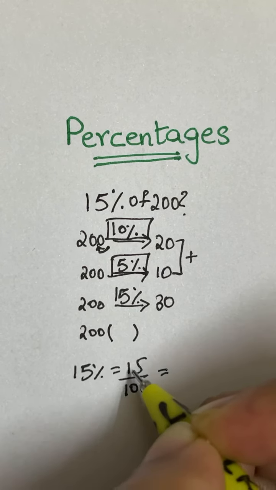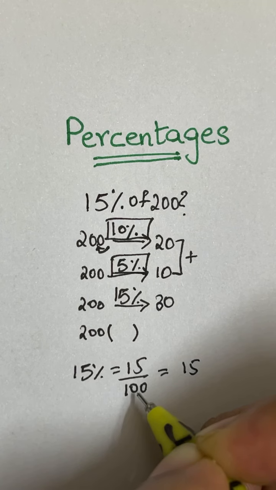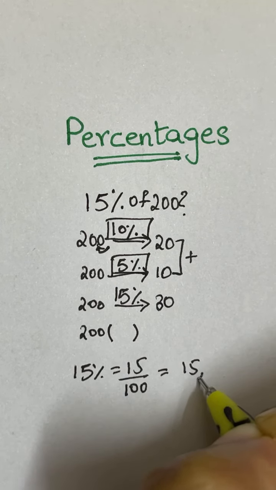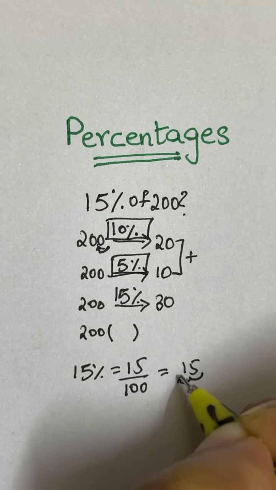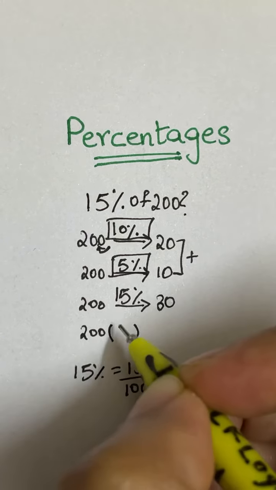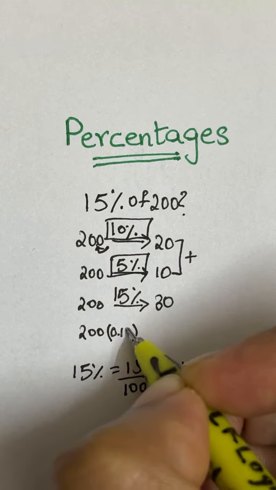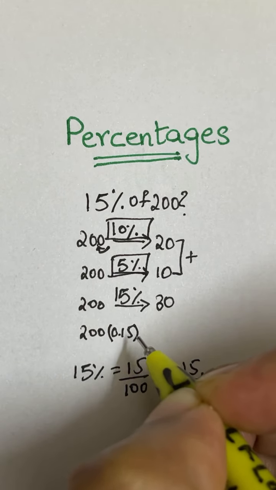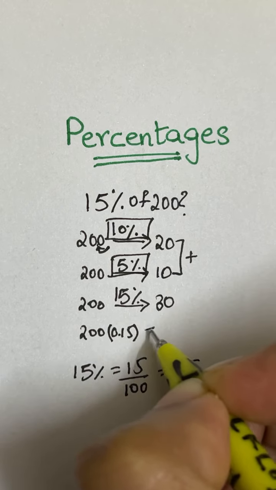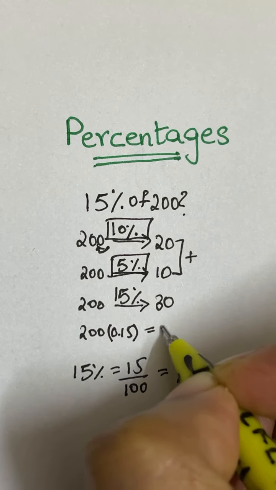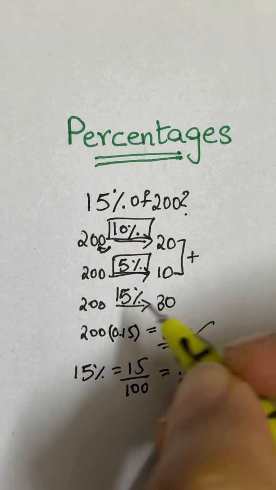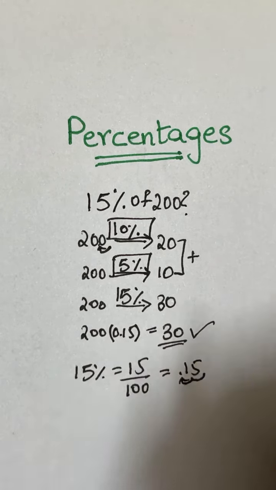You're going to write the number. How many zeros are there in the denominator? 2 zeros. Put a decimal towards right and move 2 slots towards left. So it's 0.15. So 200 times 0.15 you can insert in your calculator, and you're going to get the answer as 30. That's your answer. So 15% of 200 is 30.